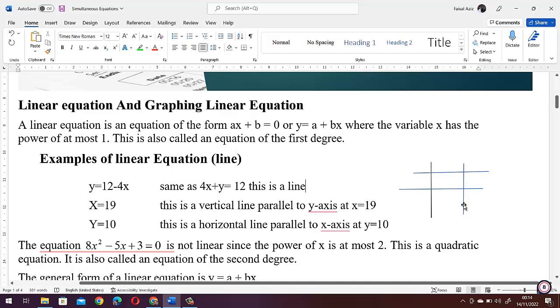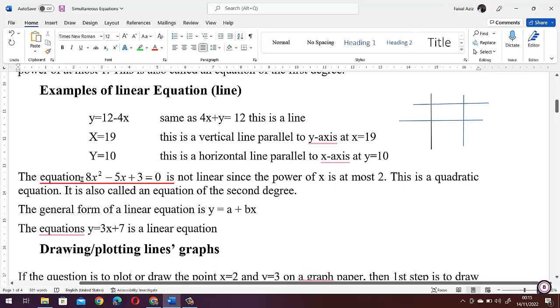So this is how we can solve linear equations, or we can solve simultaneous equations through graph. So this is one of the methods of solving simultaneous equations. I will explain it further in the later part of my discussion.